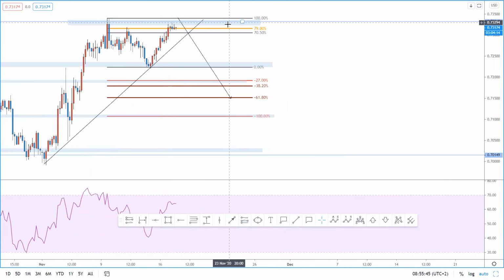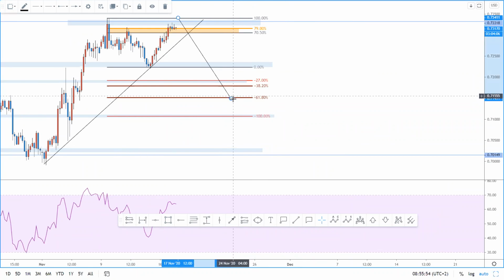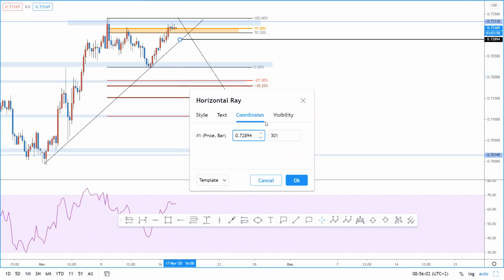Same thing, OTE right here. We're looking to sell it up to the 61.8.